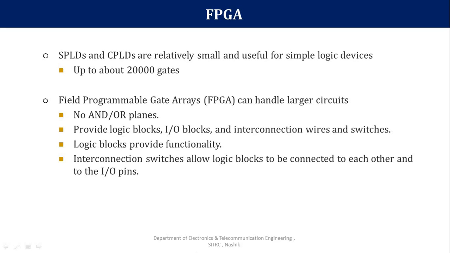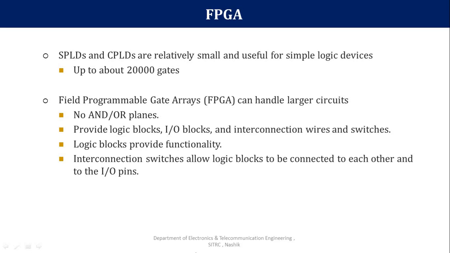The basic disadvantage of SPLD and CPLD is that they consist of PAL and PLA blocks with AND planes and OR planes, and they have some limitations. We cannot use a larger number of AND and OR gates. Hence, the limitations persist in CPLDs and SPLDs.